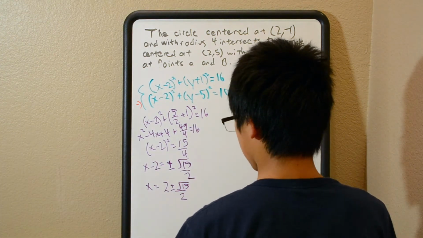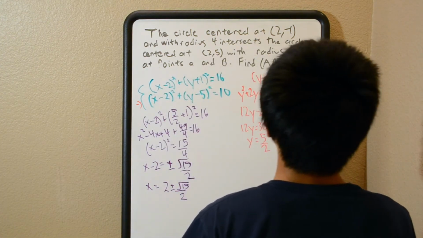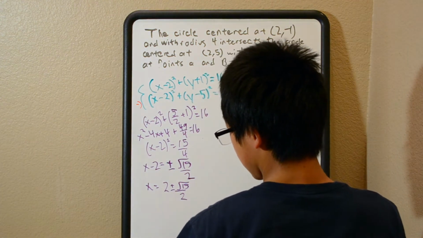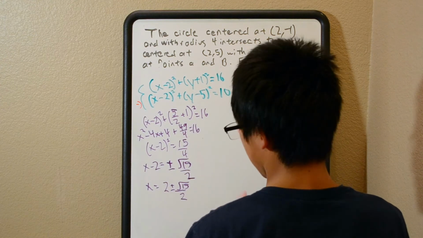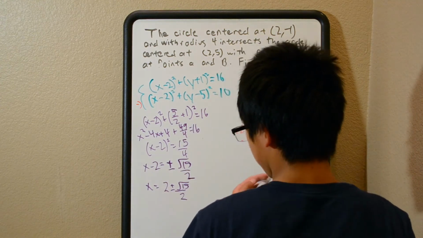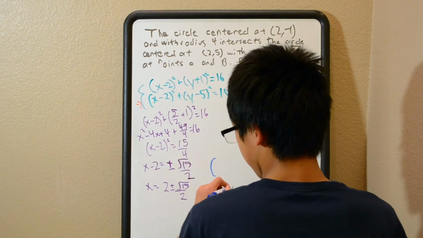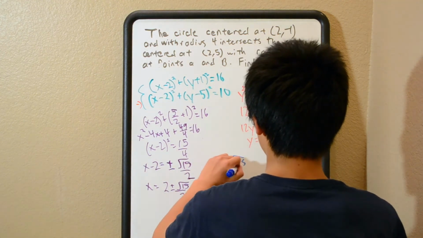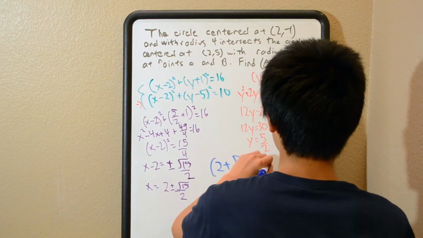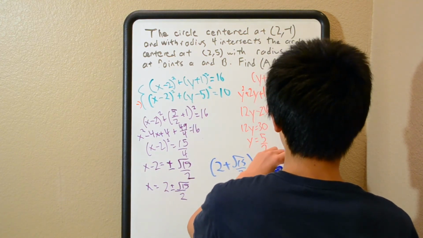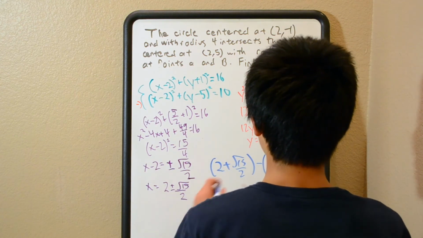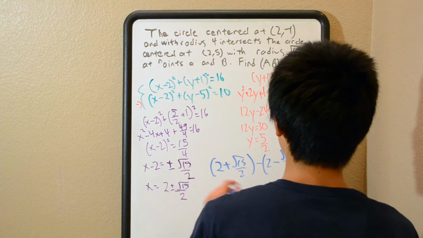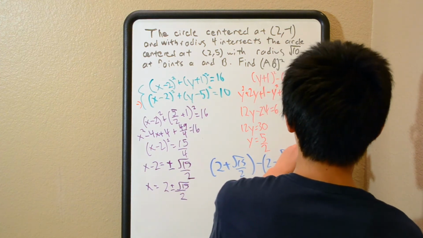So now that we've found the x values, we just need to find AB squared. Since the difference between A and B is the difference between the x coordinates, we get (2 + √15/2) - (2 - √15/2), and 2 minus 2 is 0. √15/2 plus √15/2, we get the answer to be √15.